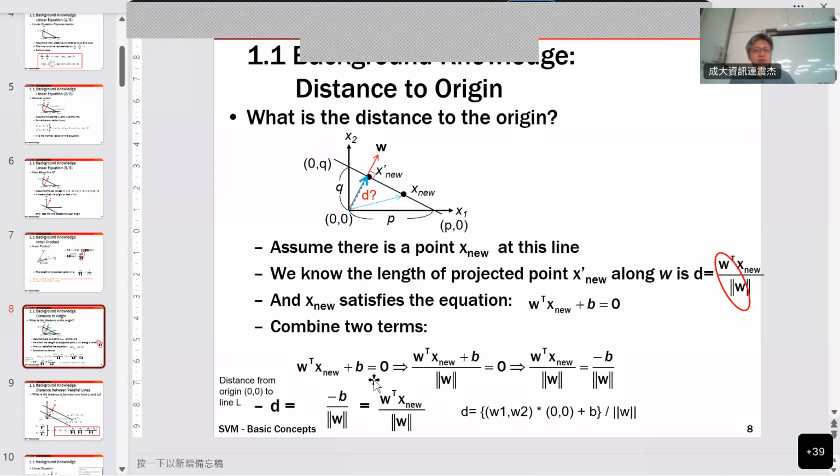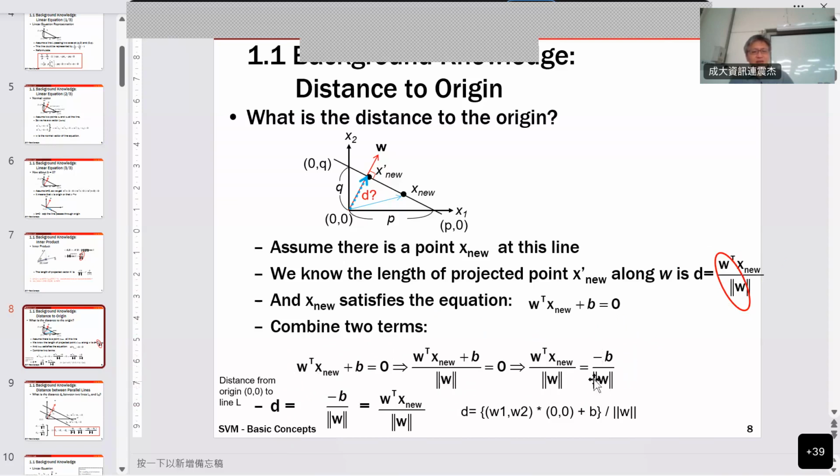And then again, based on this, the original equation 9 is here. In the denominator we have a normalization term. So this equation becomes this one.